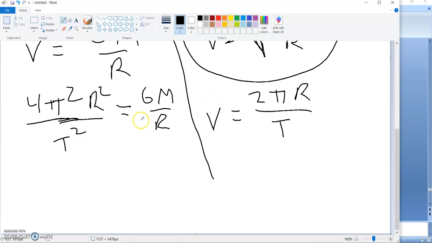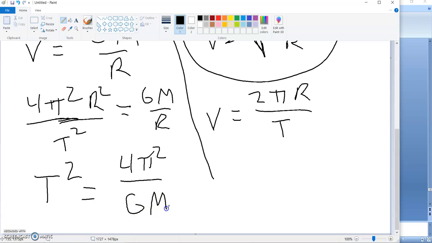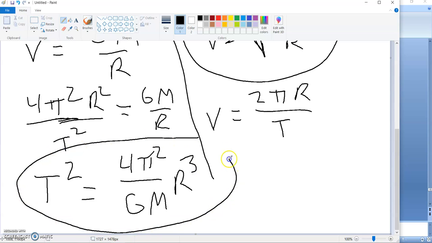So basically just cross multiply and then simplify. I'm going to cut right to the chase here, but you guys can go through and do the algebra yourself. You get T squared equals 4 pi squared over GM times r cubed.